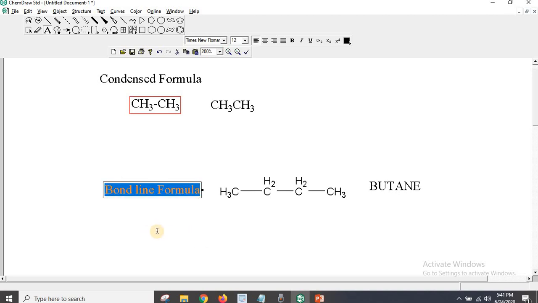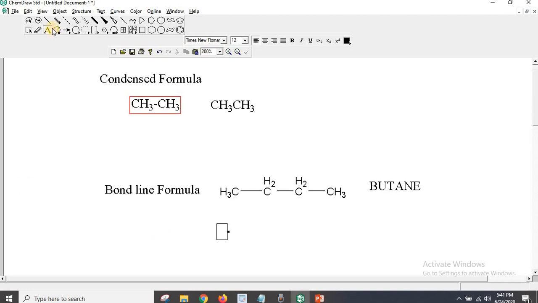To draw the structure of butane in bond line formula, it does not represent the carbon and it does not represent the hydrogen. Only the bond between carbon and carbon is shown. The hydrogen atoms and carbon atoms are hidden.